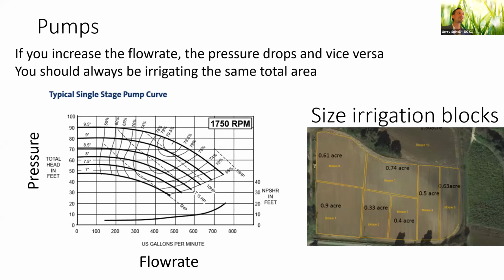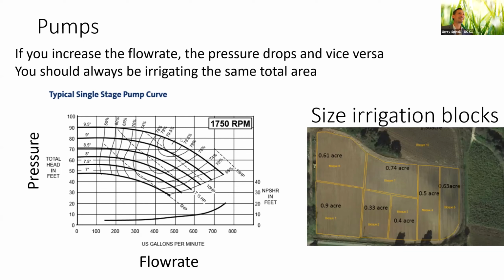But pumps behave on curves, and this is what a typical pump curve looks like. And what this curve is telling you is, if you ask more flow rate from me, I will give you a lower pressure.